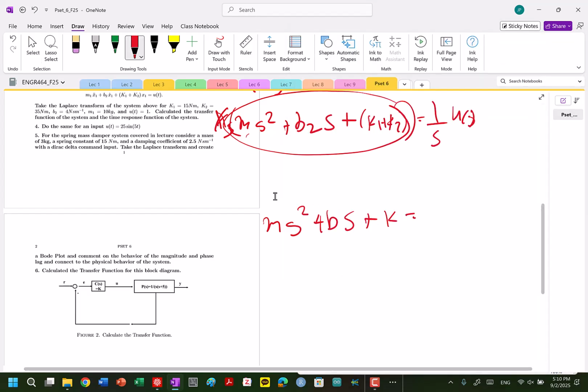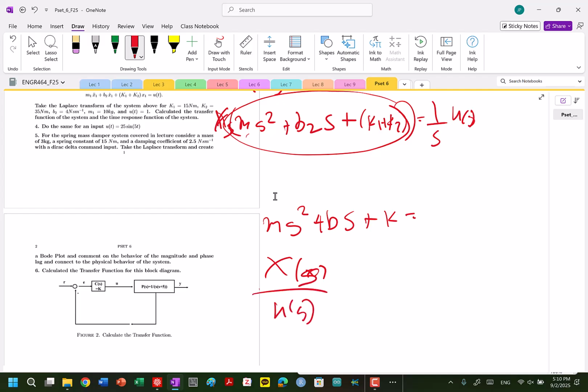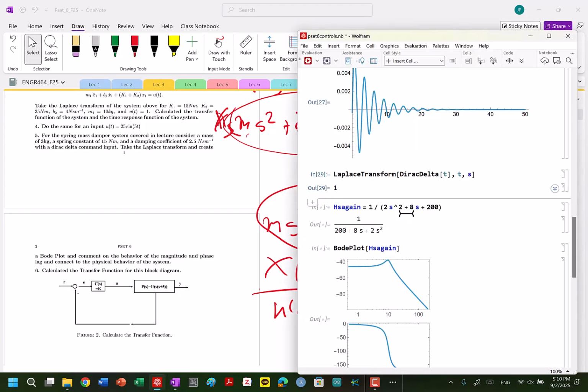So if I do my transfer function, it'd be x of s over the input u of s, which is just equal to 1, so that will be 1 over these same terms that we've seen before. Our transfer function would look something like this, except not 1/8. The mass is 3 kilograms, that's m.